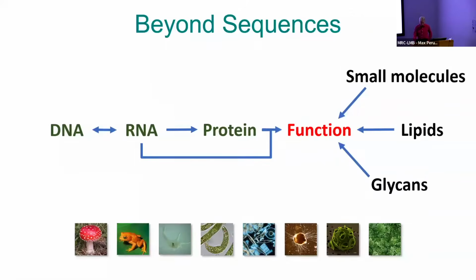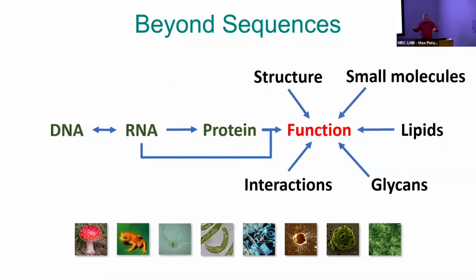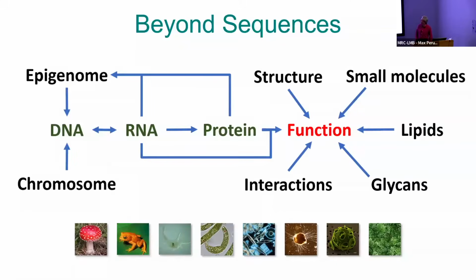From just protein, everything contributes to biological function in the end. And then you're adding more dimensionality, structures, interactions, and bioinformatics covers all of these, including higher order things to do with the genome, chromosome folding, epigenetic regulation, that sort of thing. So this is the context that we set ourselves in.